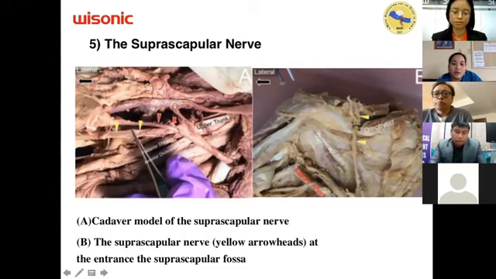So now, talking about the suprascapular nerve, this is the cadaveric model of the suprascapular nerve. It comes out from the superior trunk, the upper trunk, and then it travels in the suprascapular notch in the shoulder girdle, and then passes through the spinoglenoid notch.